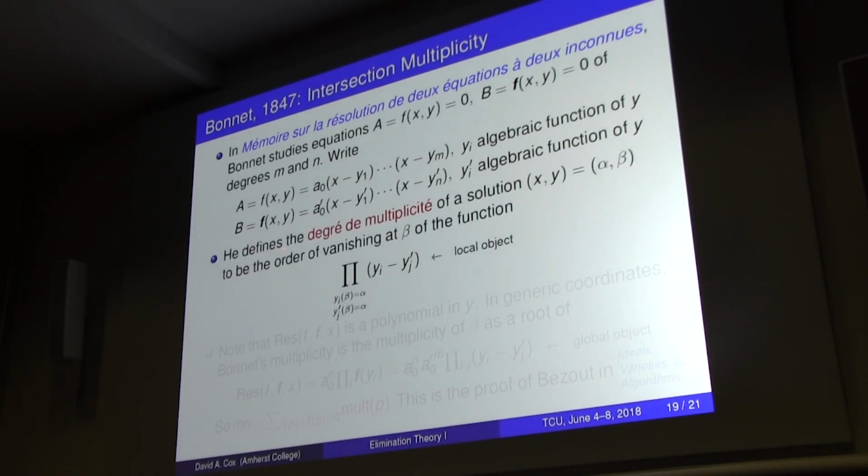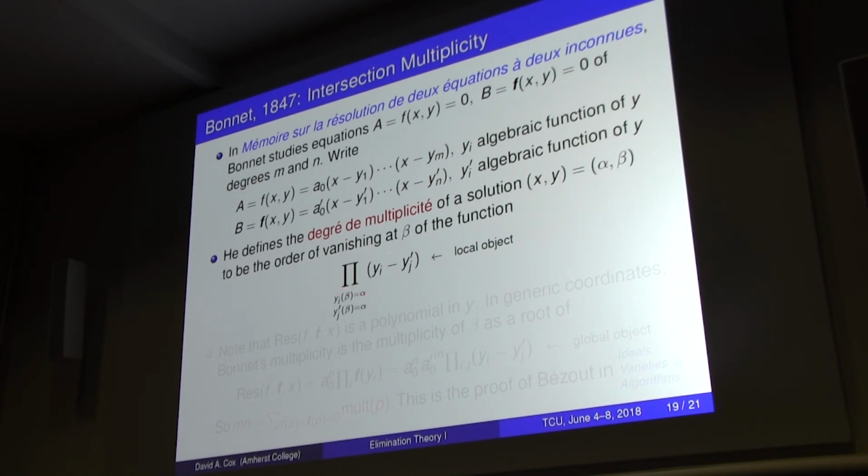And then he defines the degree of multiplicity of a particular solution. Basically you look at this product, and these are algebraic functions, so when I plug in beta, they're trying to give me the x value.